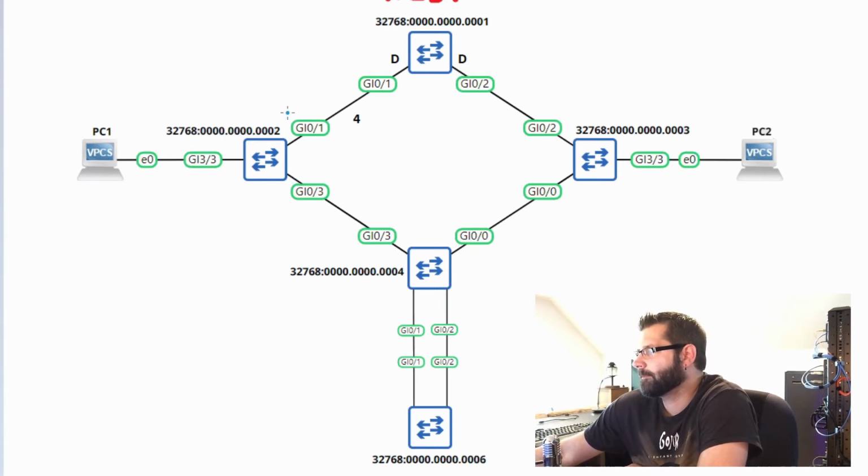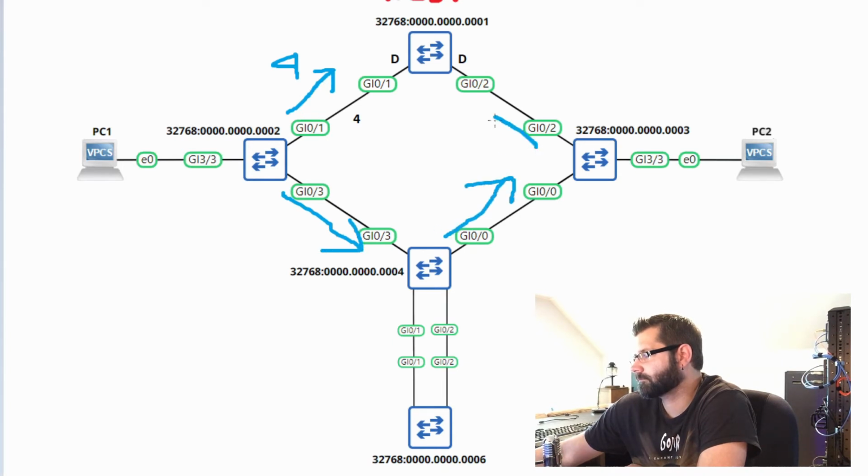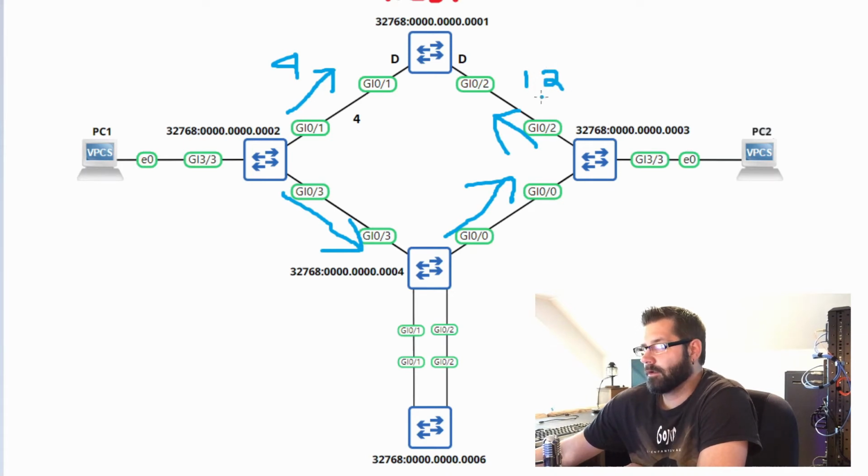So if we go this way, it's a cost of 4. If we go this way, it's a cost of 4, 8, and 12. I'm sure the majority of people would agree with me that 4 is lower than 12.